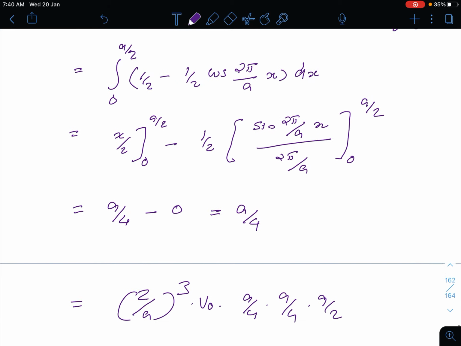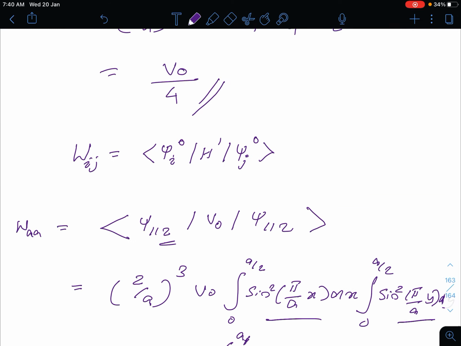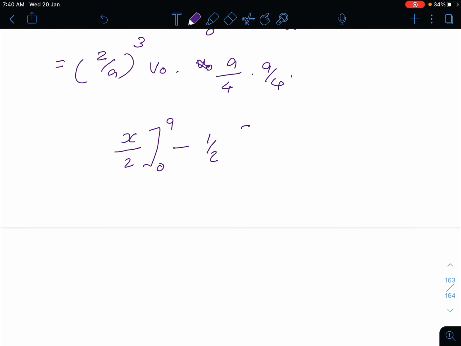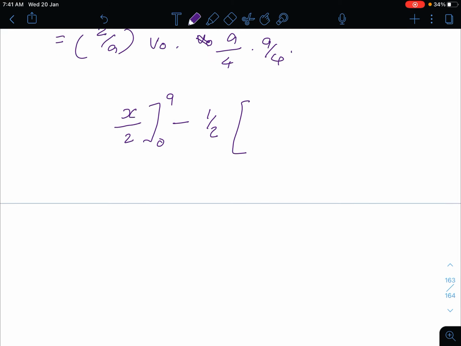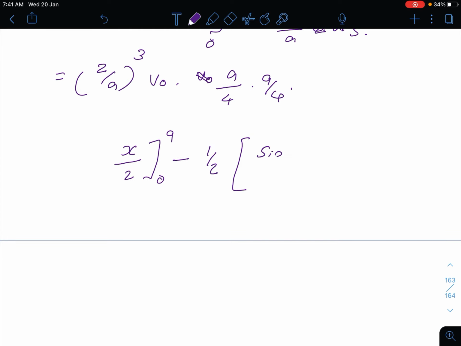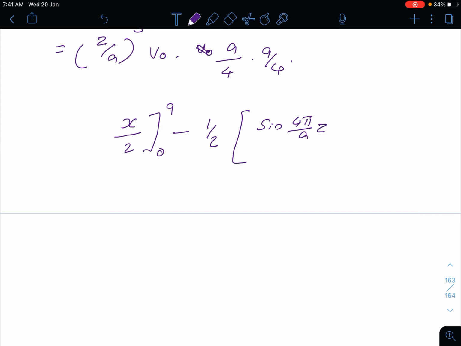So that is x by 2, integral 0 to a, minus half of, the only difference is sine 4 pi by a z divided by 4 pi by a, 0 to a.